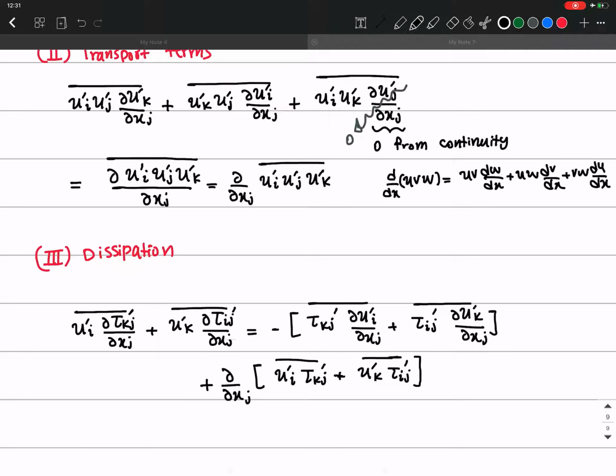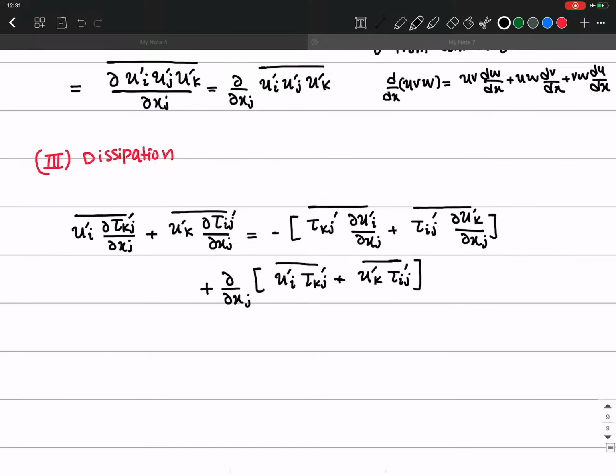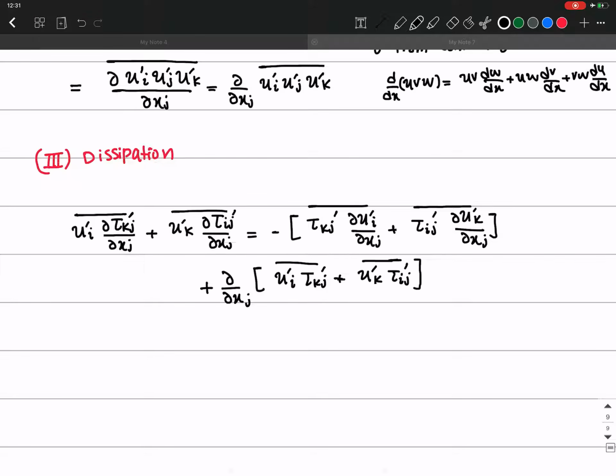So now I want to further investigate why this actually shows dissipation. For a Newtonian fluid, we know that the stress is linearly dependent on the strain rate, right?